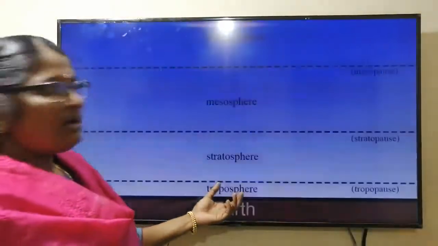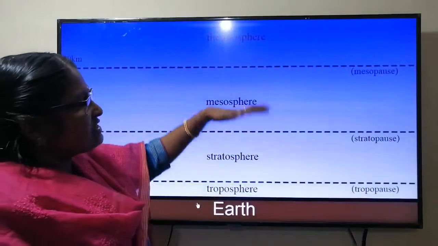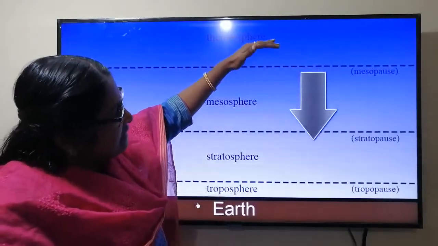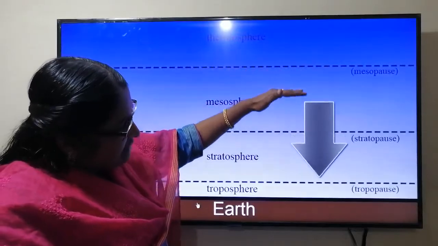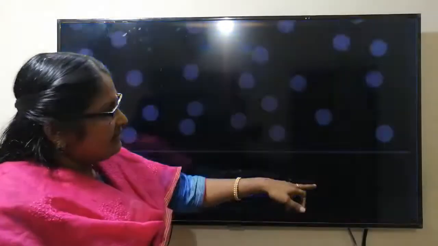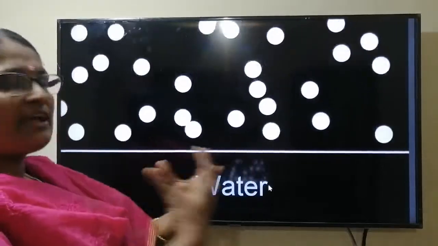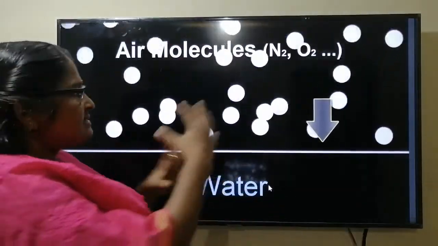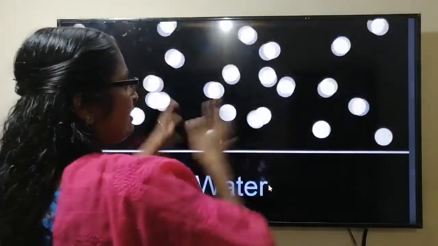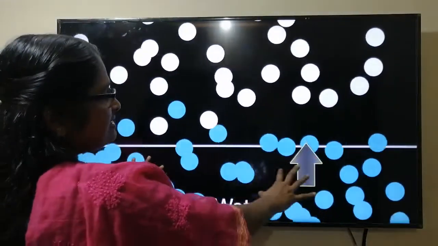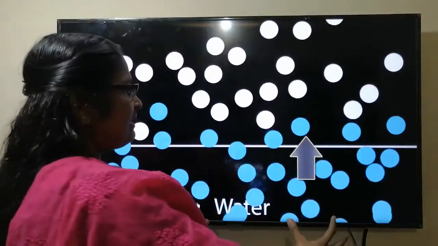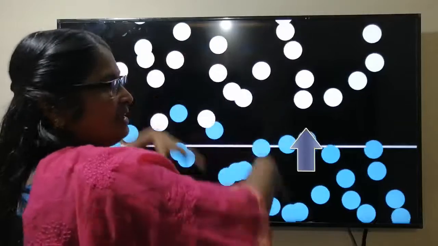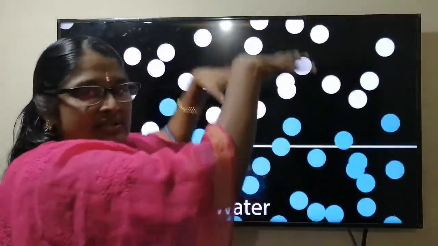Suppose you are taking some water in a beaker, and we know that the atmosphere contains air molecules, nitrogen, oxygen, etc. If we take the layer near the earth, the troposphere, there is a huge accumulation of air particles because of gravity. The lower layer is thickly packed with air. The white represents the air particles, and the blue represents the water in a vessel. This air exerts pressure on the water, because it is like a blanket above the water.